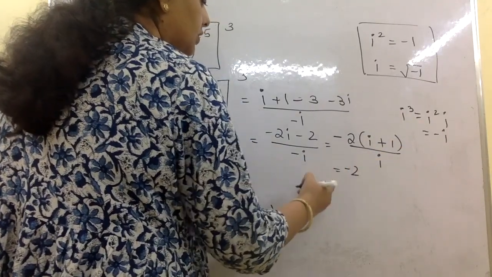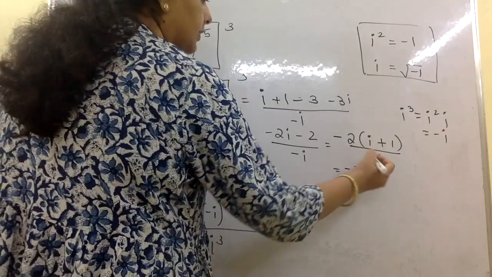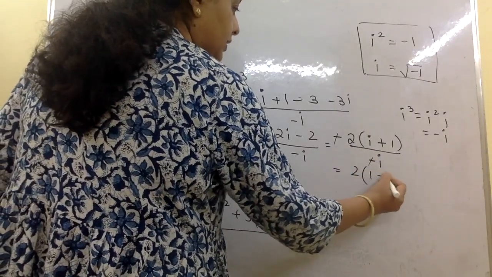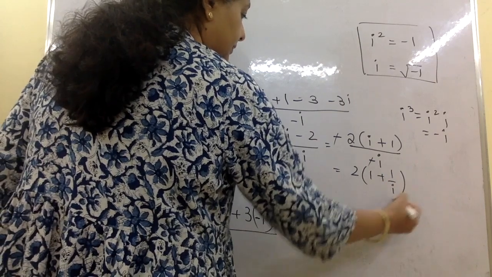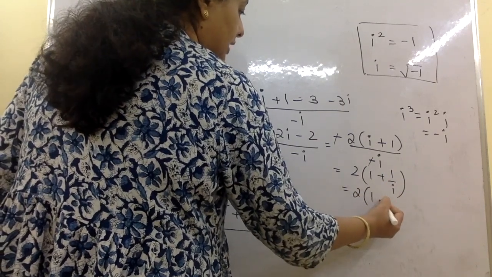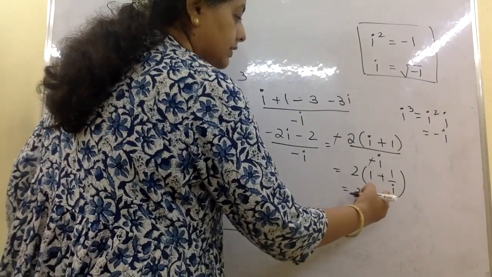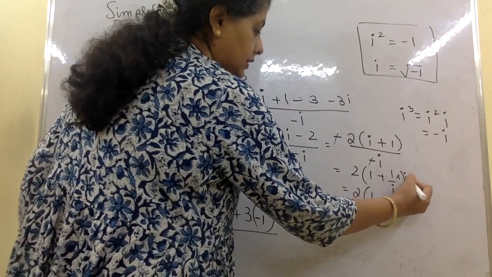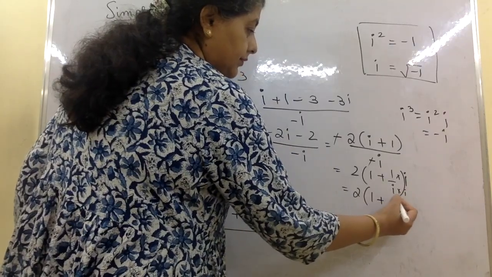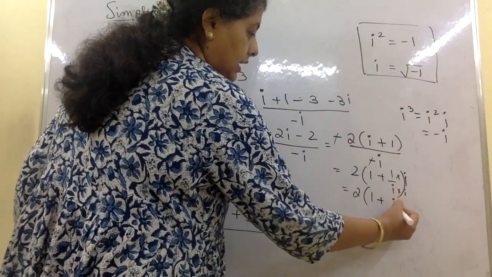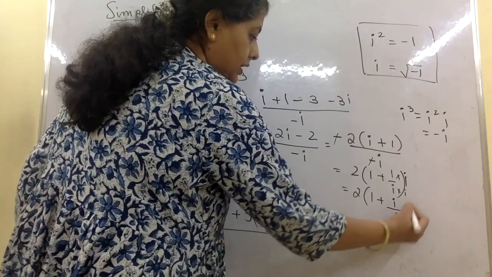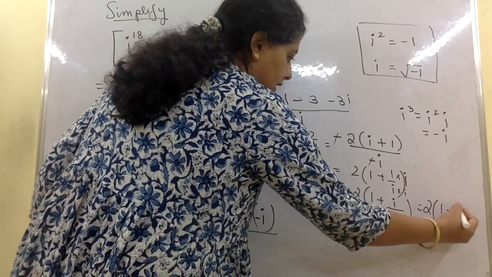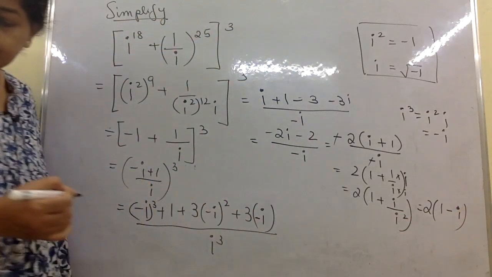Now minus 2, and here I have a minus, so 1 plus 1 by i, okay, if I multiply with the i here and 1 i here, then how much do I get? Plus i by i square, which is 2, 1 minus i, okay.